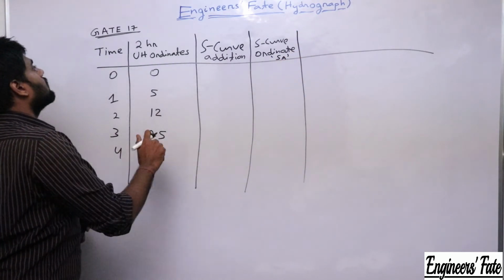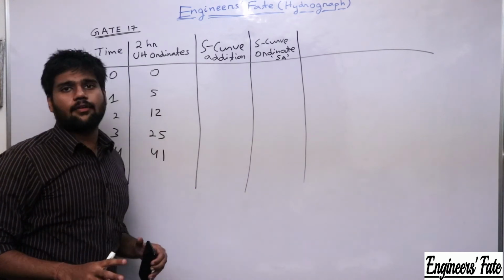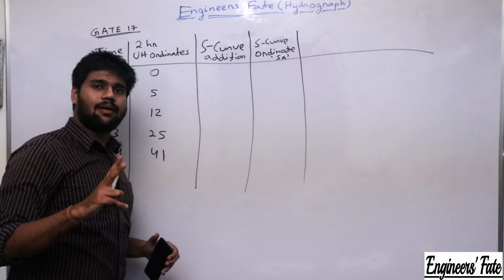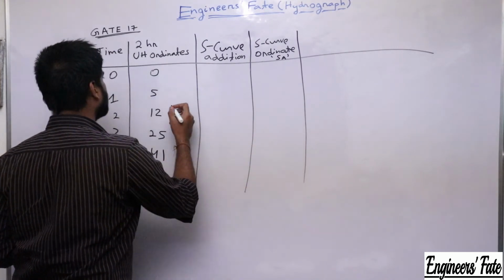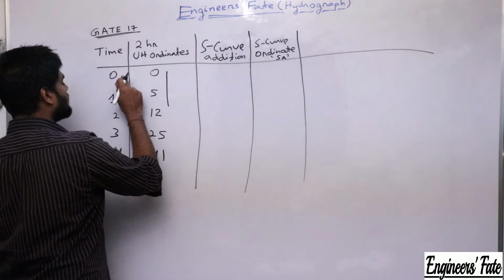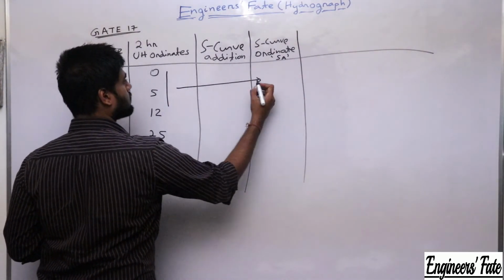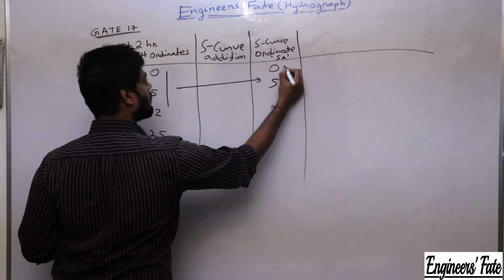So the 2-hour unit hydrograph is given. To find the S-curve ordinate I have to lag by 2 hours. So lag by 2 hours. Just see, this is 2 hours. By lagging 2 hours, 0, 5 will come like this.